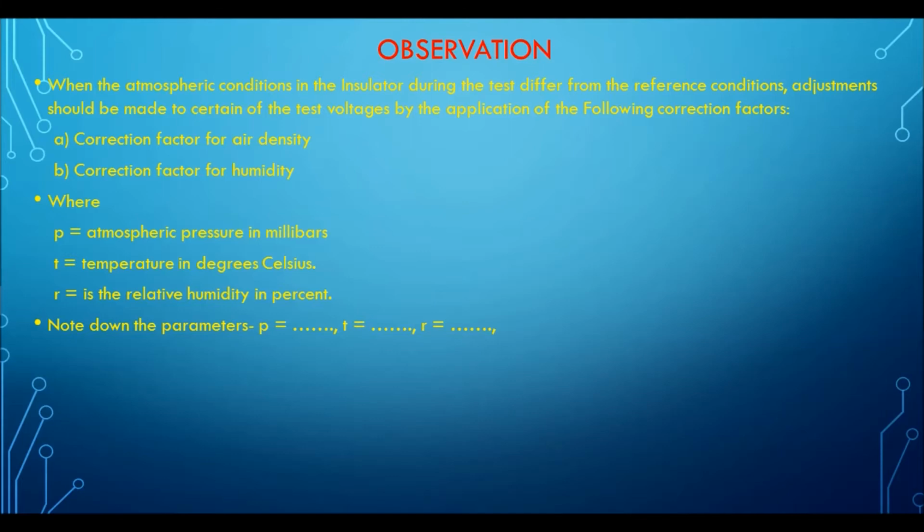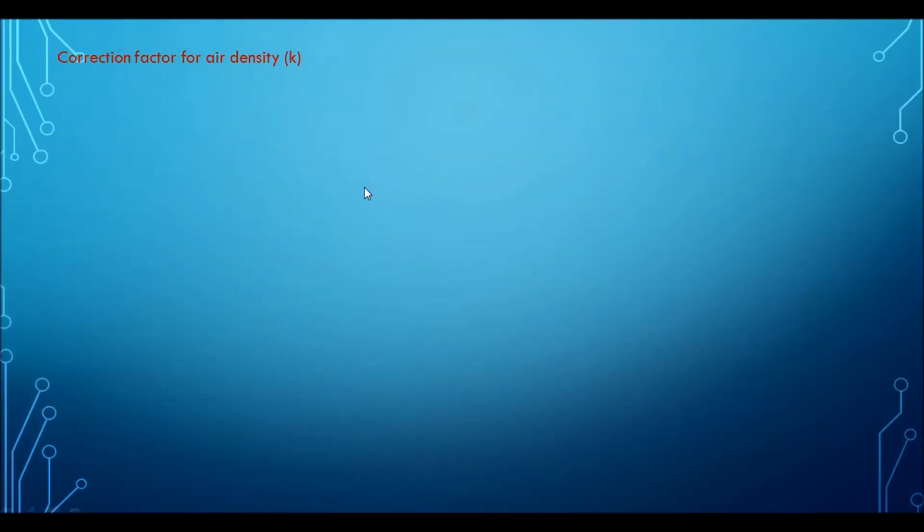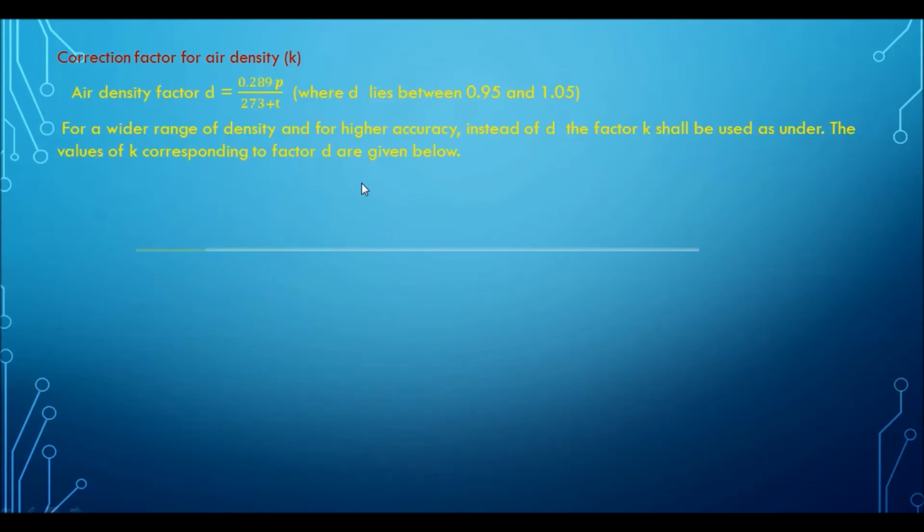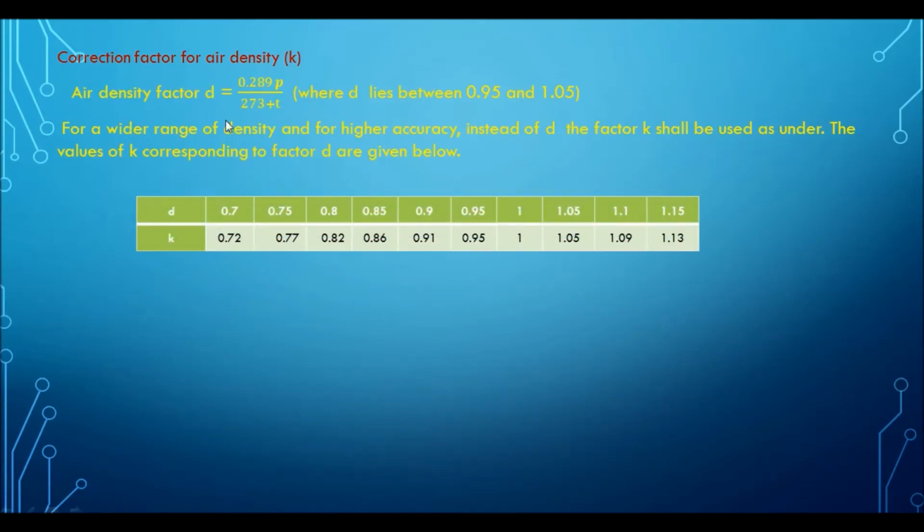Okay, then note down the parameters. Because today's temperature, pressure and humidity differ, first note down today's temperature, pressure and humidity, then you can find out the correction factors. Correction factor for air density: calculate the air density factor here.